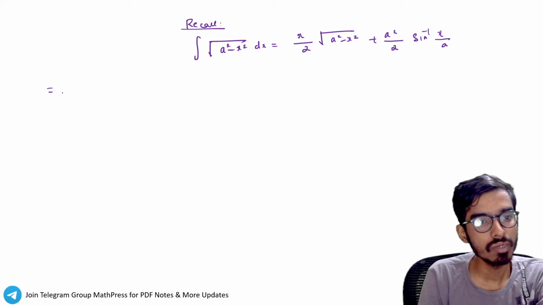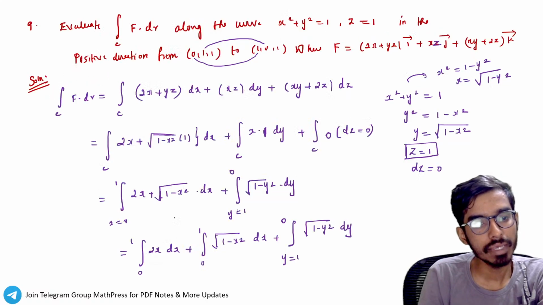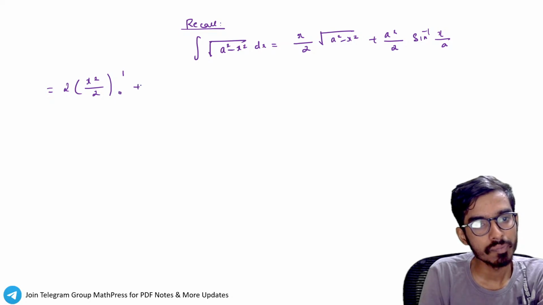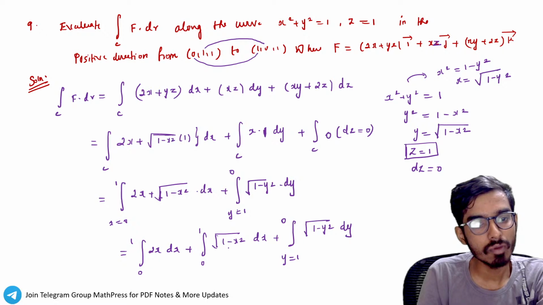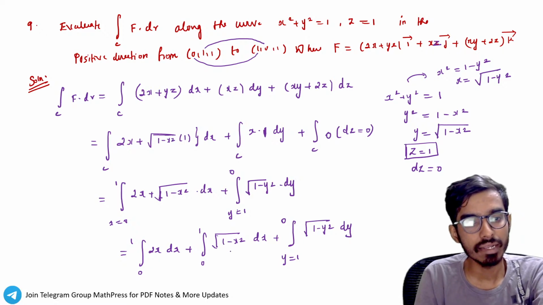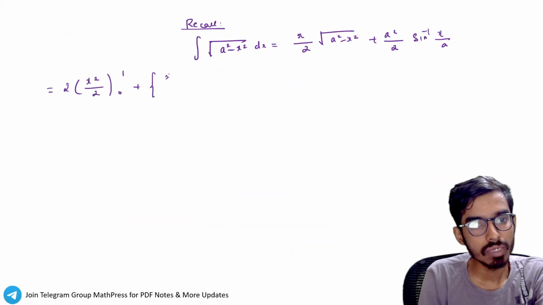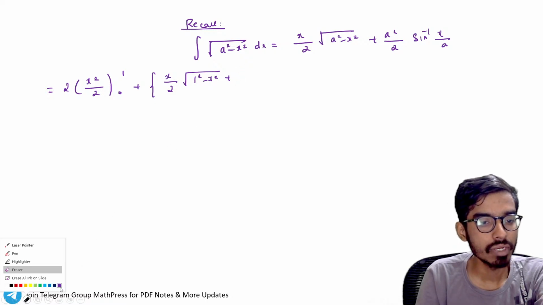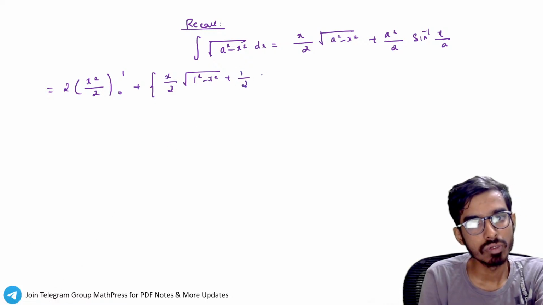So therefore, this will be integration of 2 times, this is x square by 2, so 0 to 1, plus you just apply the formula root of a square minus x square. So a is 1 here, right? So this will be x by 2 root of a square minus x square plus a square by 2, so that will be 1 by 2 sine inverse of x.